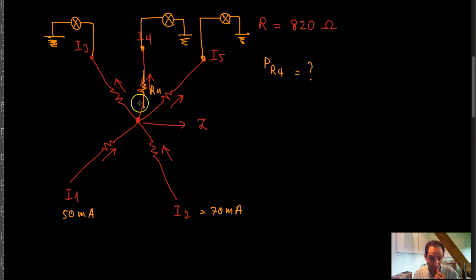So you know that based on Kirchhoff's current law, all of the current coming in has to go out, meaning that 50 milliamp plus 70 milliamp is coming in, which is 120 milliamp coming in, and therefore 120 milliamp must go out.